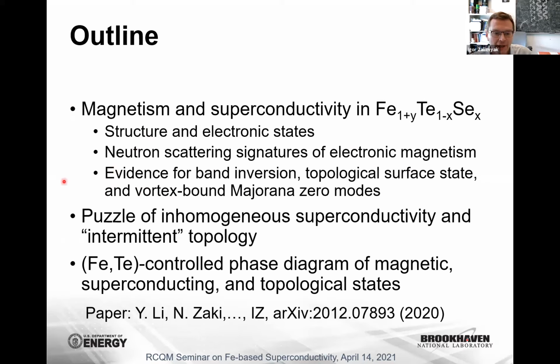This sets up the main problem that we have addressed in this work, which is the puzzle of inhomogeneous superconductivity and topological properties that have been observed in the iron chalcogenides recently by STM studies, and our resolution of that puzzle in the form of an iron and tellurium composition controlled phase diagram of different magnetic, superconducting and topological phases that we have discovered in this material series.